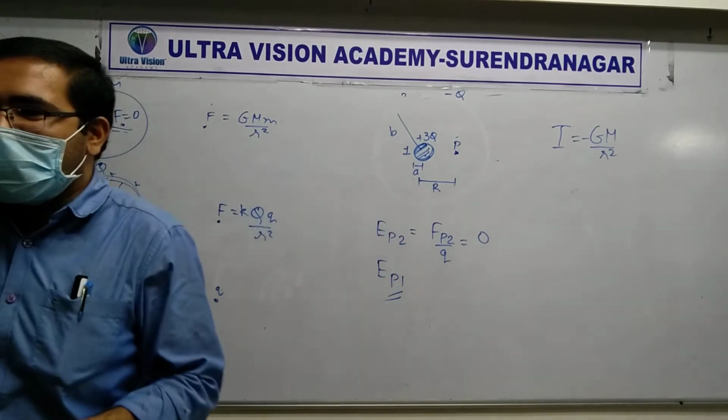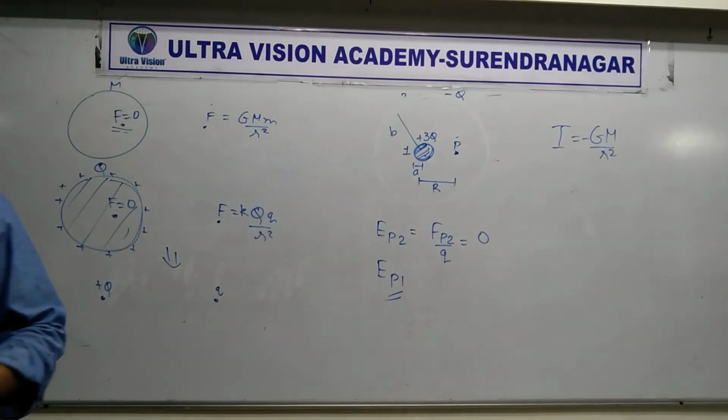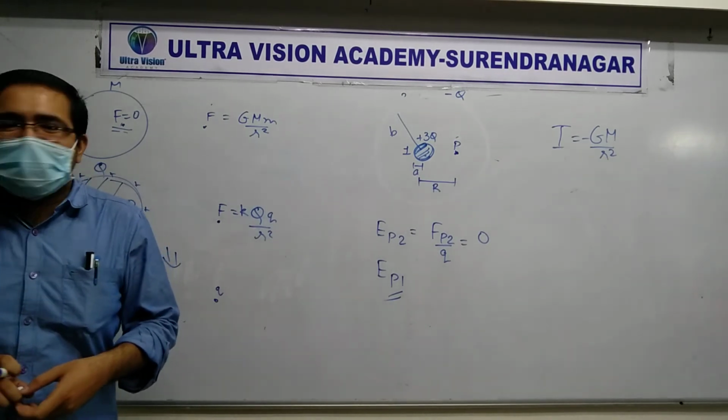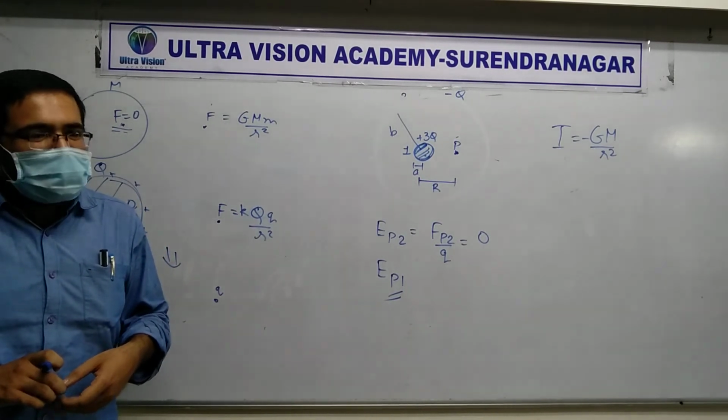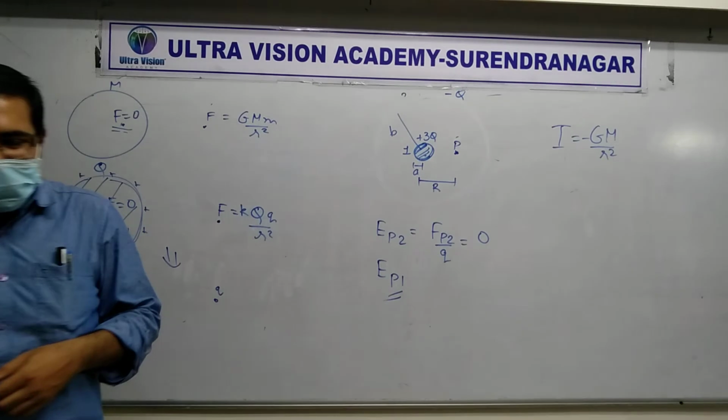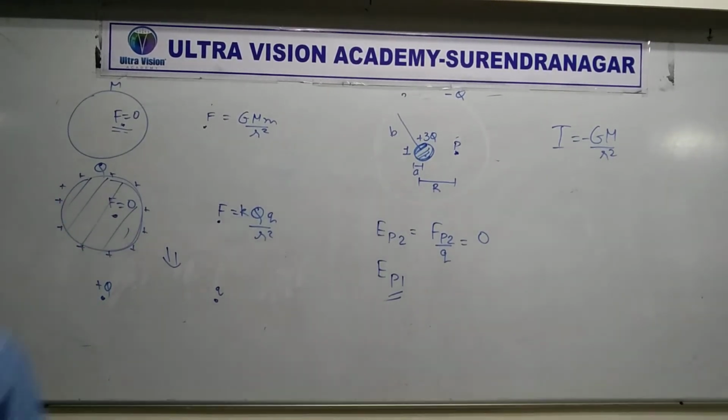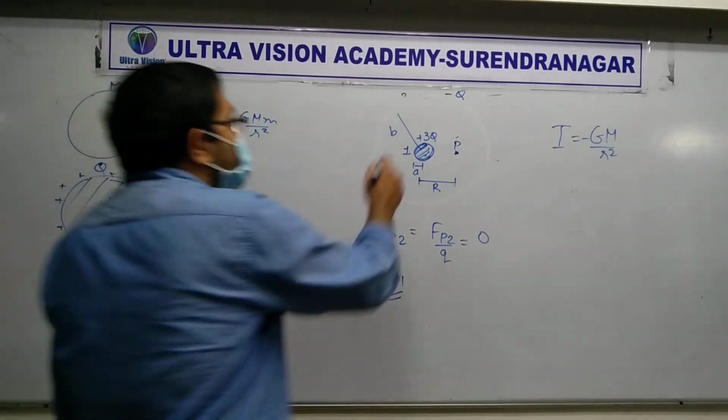What is the electric field of a point charge? Q/r². But now which option? In place of K, write 1/4πε0. That's okay. Which option? A, B, C or D? B. Understood? Okay.